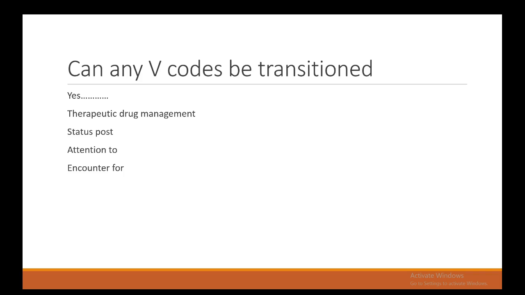It's just the ones for therapeutic drug management, those status post codes, attention to codes, encounter for codes. All of those codes can be transitioned over. Just don't code V57.89 or those other trauma aftercare for fracture codes, because we will be using the exact code that the hospital used. The only difference is we're going to change that seventh character from an A to a D.